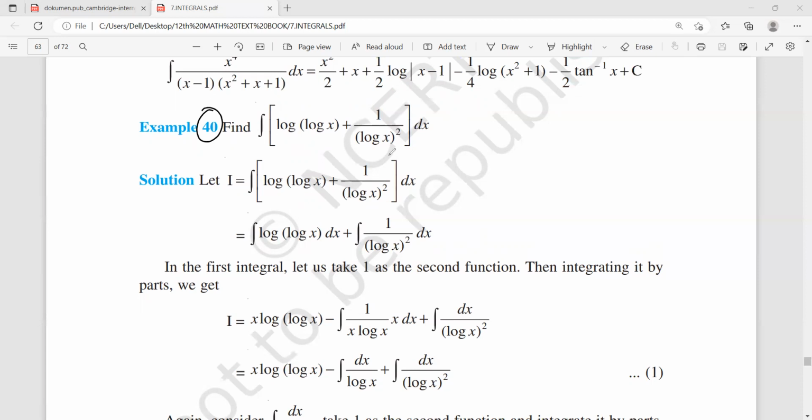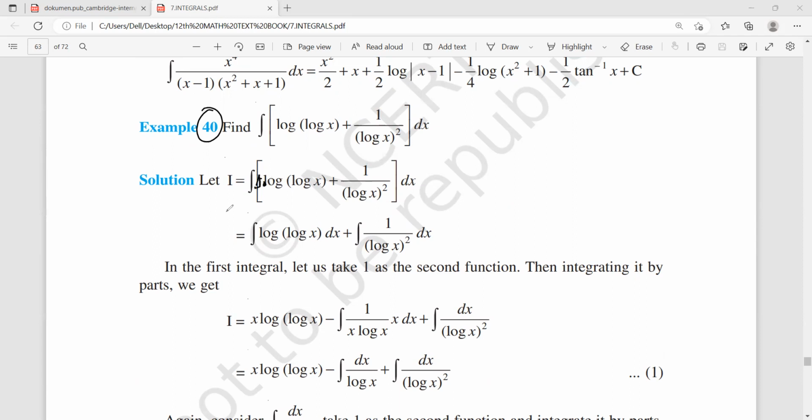Log of log x plus 1 by log x whole square. Generally, log x, how do you integrate?